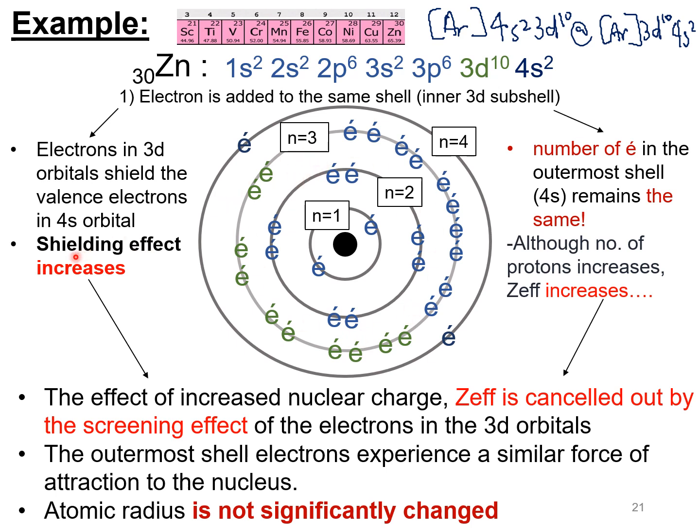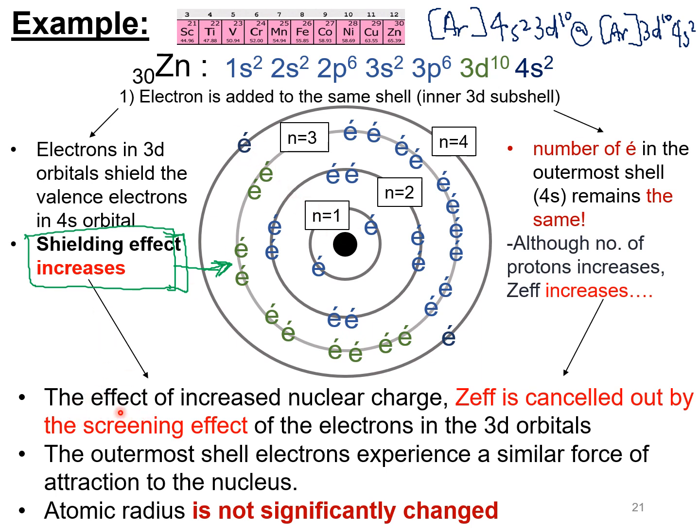Makin bertambah kuat lah shielding effect. Sebab apa bertambah kuat? Sebab you keep on adding the electron. Bila although proton number bertambah, tapi you keep adding the electron dekat energy level n equals to 3. Okay? Therefore, electrons dekat 3d orbitals, dia akan shield the valence electrons in 4s orbital. Okay? Sebab bila dia shield, valence electron tak boleh lah attracted pada nucleus.